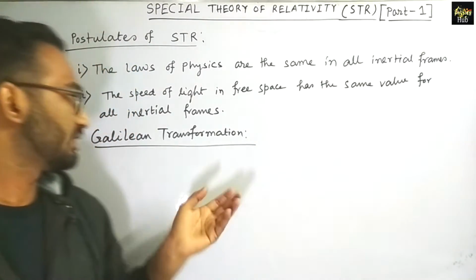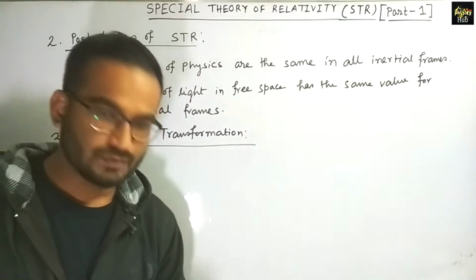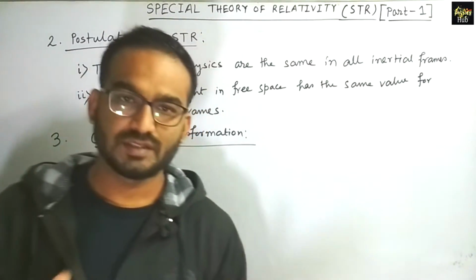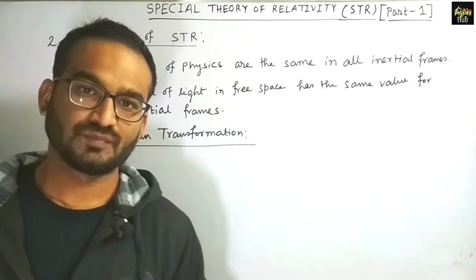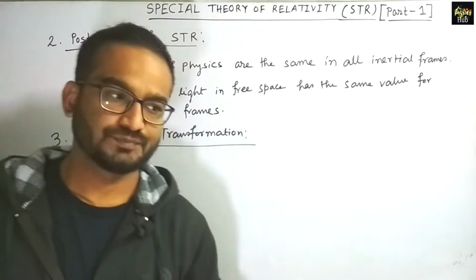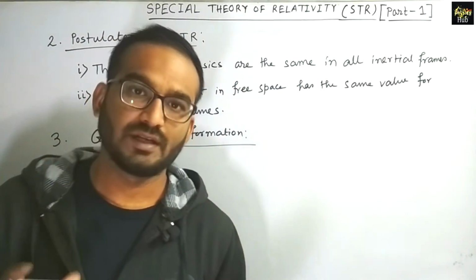Now after this we should talk about Galilean transformation. As you know, in Newtonian mechanics, space and time are completely separable and they are connected by Galilean transformation. As far as Newton's laws are concerned, it works fine, but it miserably failed in the case of electrodynamics.